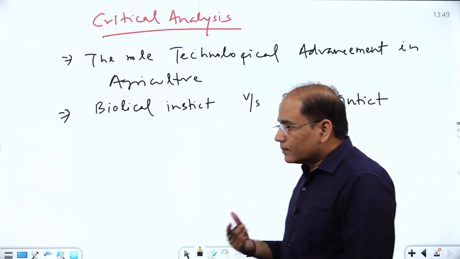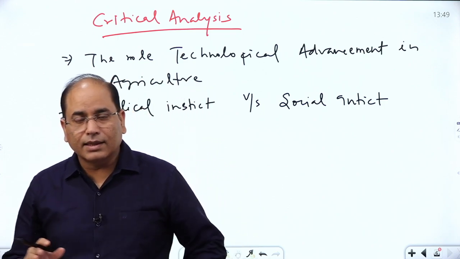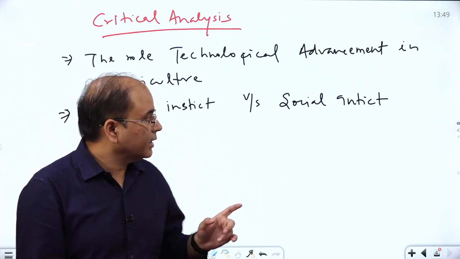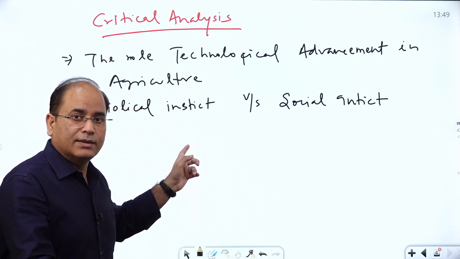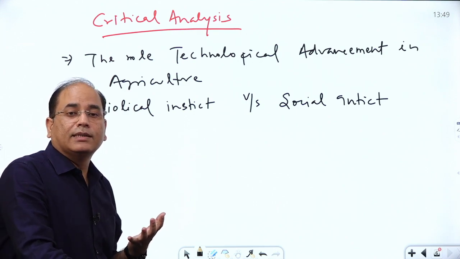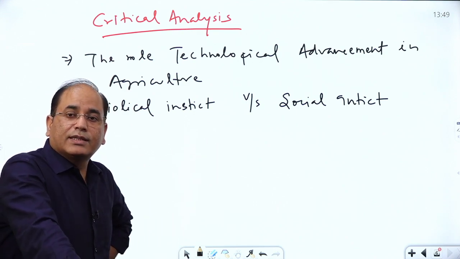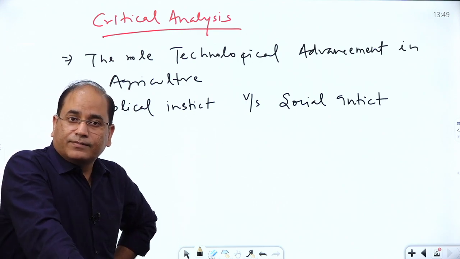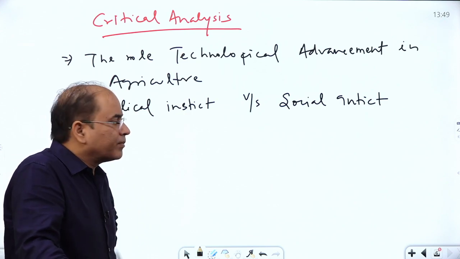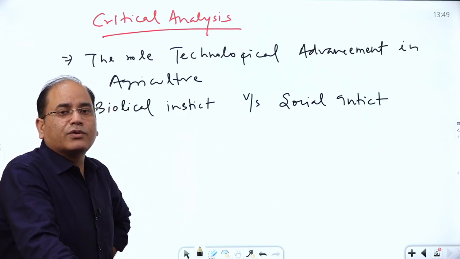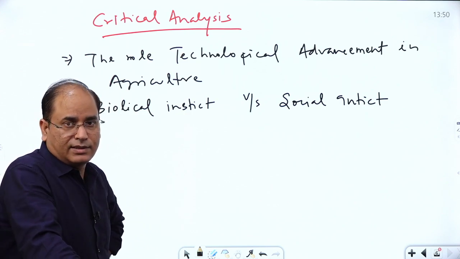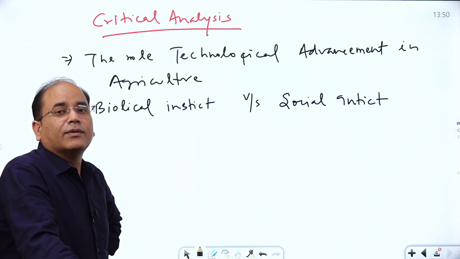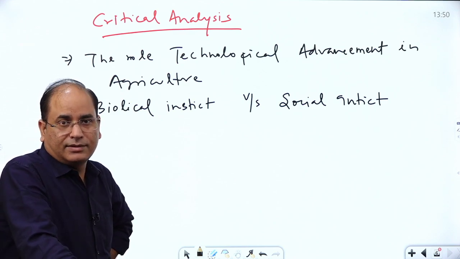So the second premise, the second assumption, that the passion between the sexes is a biological instinct, but having babies is a social instinct. So he has completely missed that aspect. How can you compare this social instinct with the biological instinct? So there he has not been very correct.